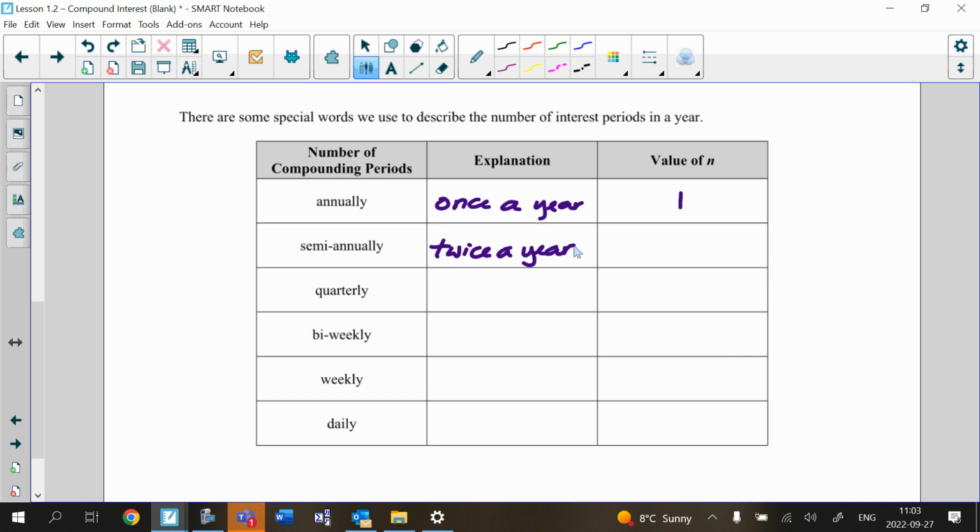The value of N is 2. Quarterly, 4 times a year. So N is 4.